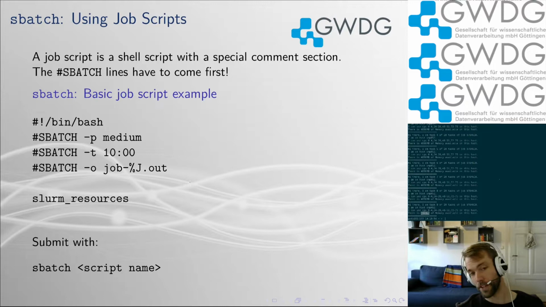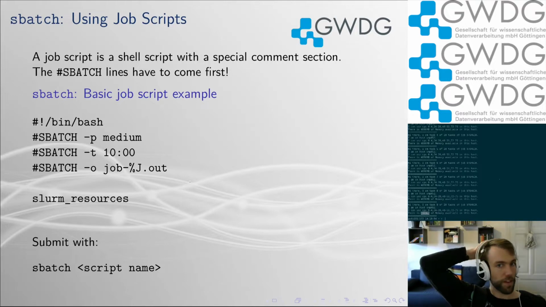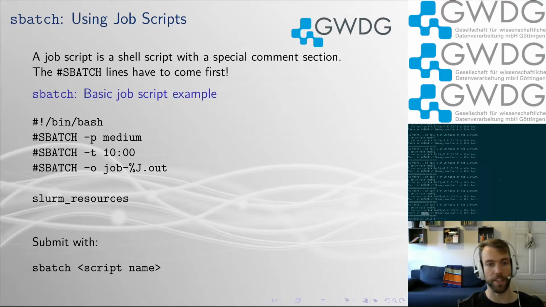A batch job is basically just a small shell script, a bash script, or even something else, that has a special comment section. So inside bash, you have the hash sign as a comment. Each line that begins with a hash sign does not get run by bash itself.